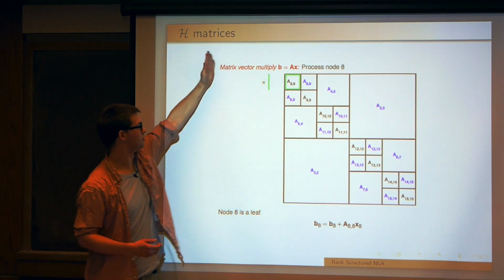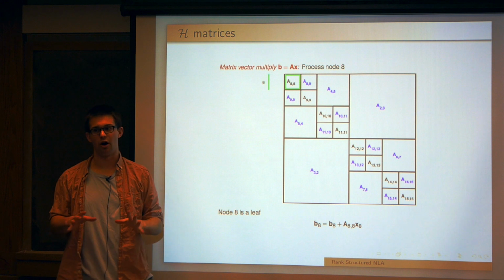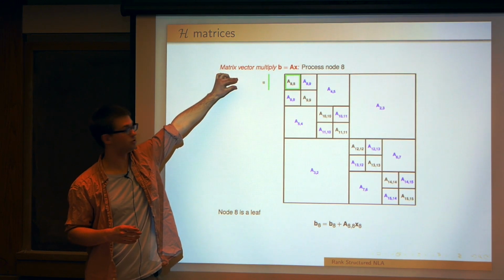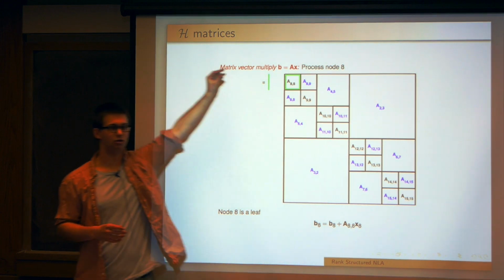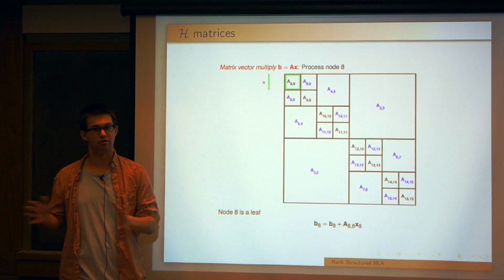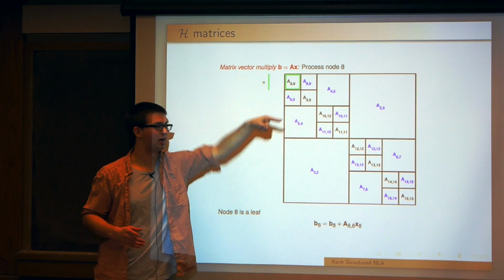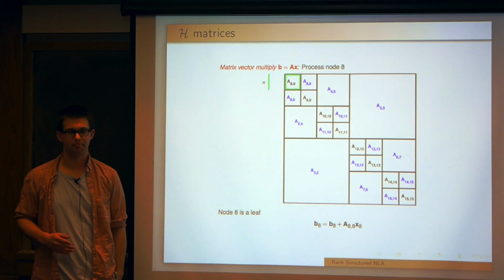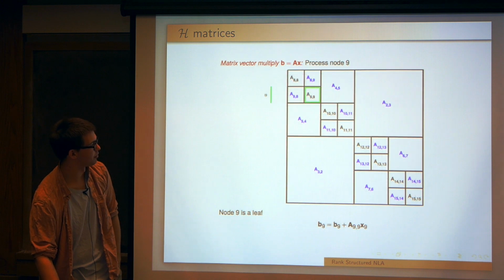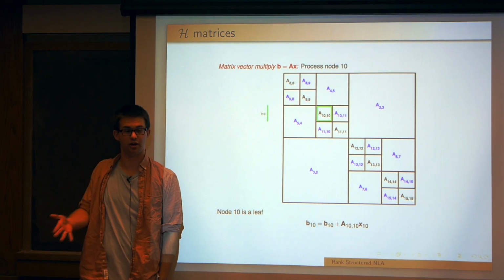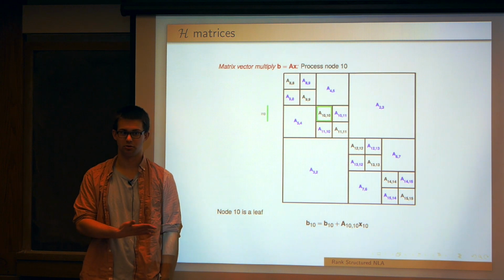If we imagine a B vector right here, we now have all the information requisite to get this part of our matrix vector product, just by adding the original B8 from the previous 3 levels of recursion, and then this times B. And then we do that a few times, and we have our whole matrix vector product, and it was n log n instead of n squared, as it would have been without forming the H matrix.